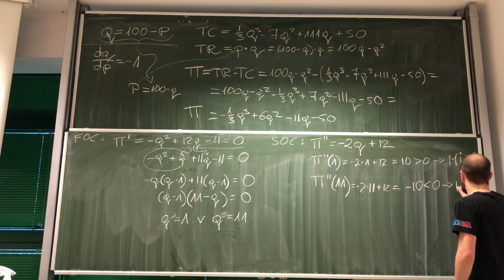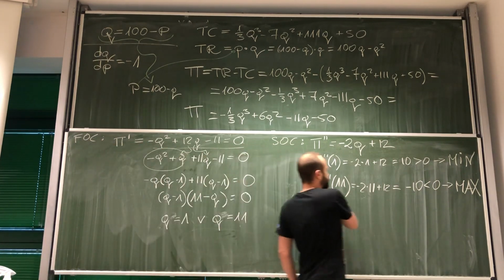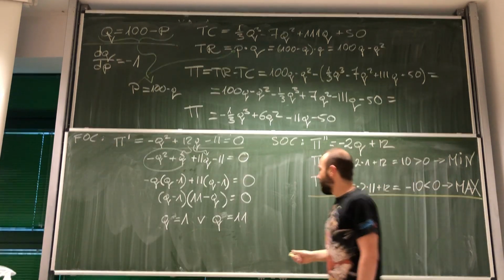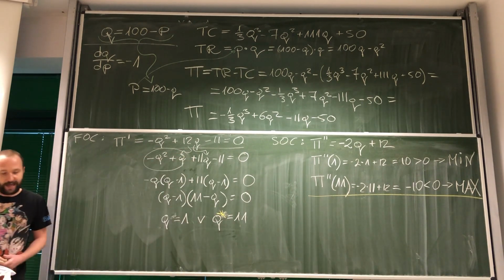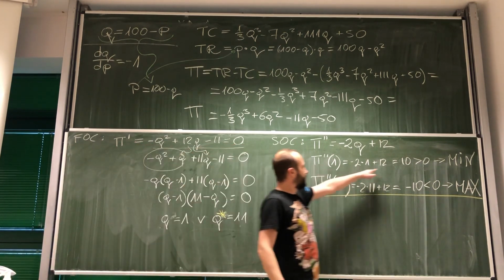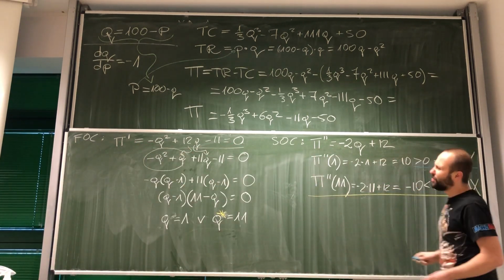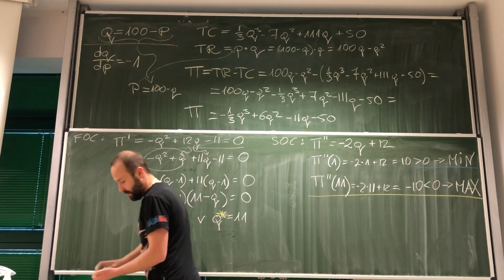So it means that this is our maximum. So when level of production is equal to 11, we have a maximum. And because here we have a minimum, we should disregard this option.